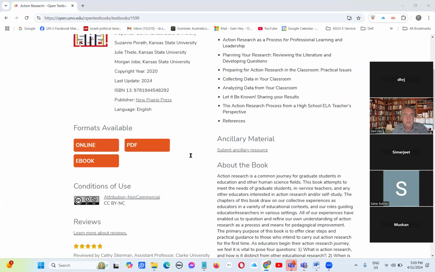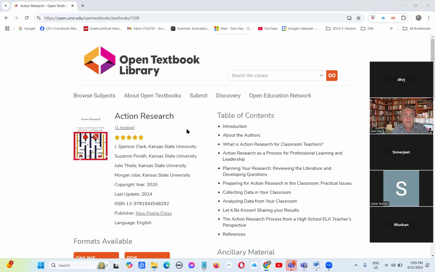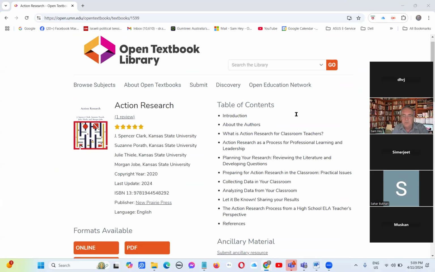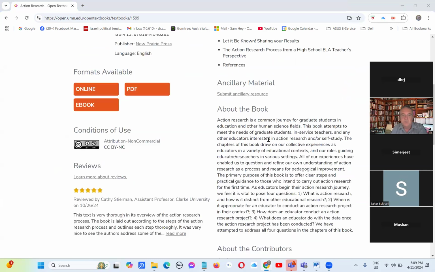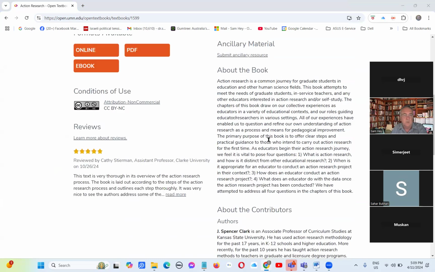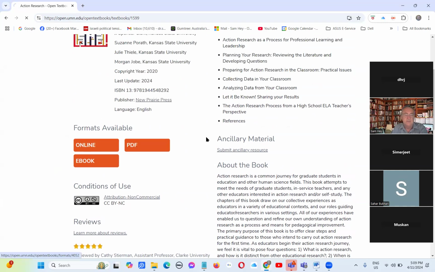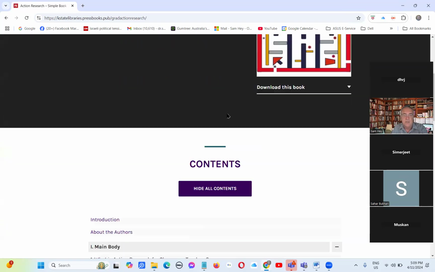And so the chapters are available there, and I encourage you to have a look at these different chapters and the material there. So that's all available online, and you can read and engage with these different chapters.